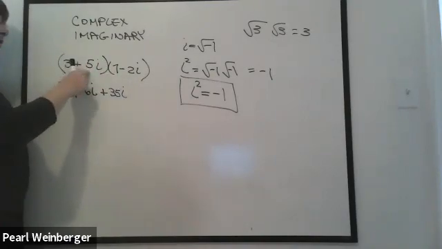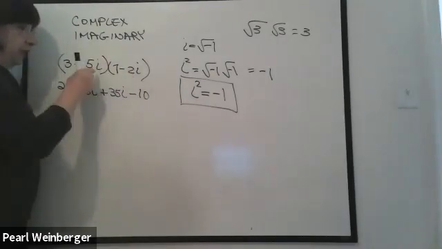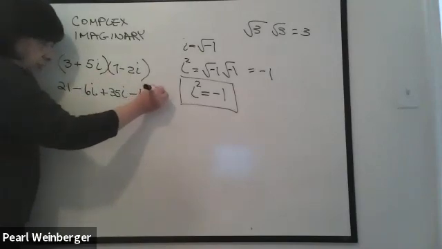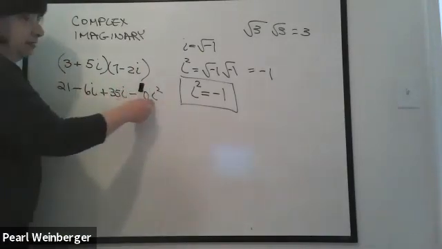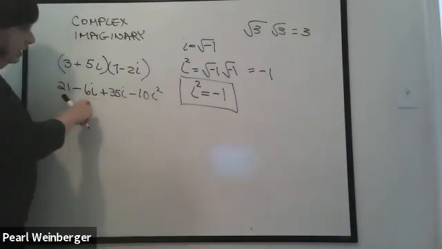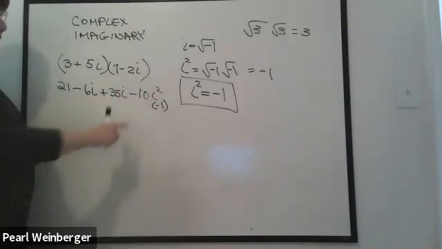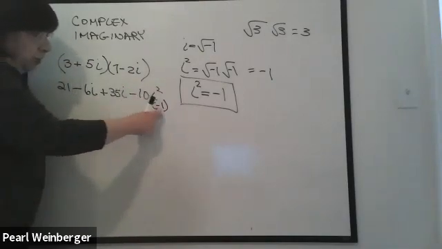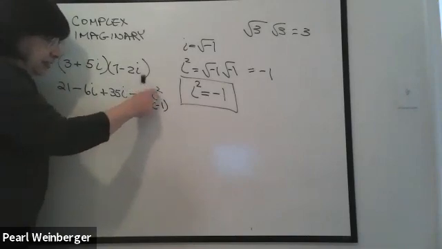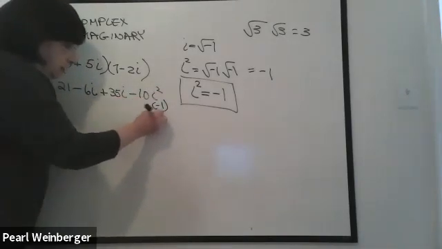And finally, 5i times negative 2i is negative 10i squared. Don't forget, i times i gives me i squared. And here's the only thing I really have to do before I simplify. I see an i squared. The i's I leave alone, but the i squared I replace by a negative 1. So this becomes negative 10 times negative 1. You're multiplying this because this is negative 10 times i squared. So negative 10 times negative 1 is positive 10.